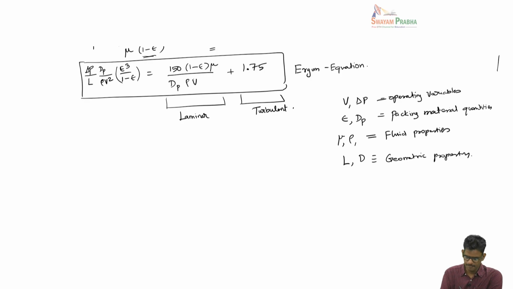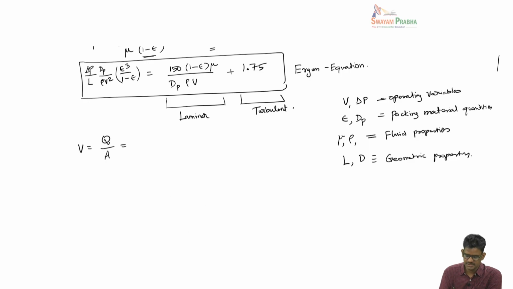This velocity V, I said, is the superficial velocity, the velocity of the fluid when there is no packing. It is related to the volumetric flow rate divided by area, Q by A, where Q is the volumetric flow rate and A is the cross-sectional area of the packed bed.